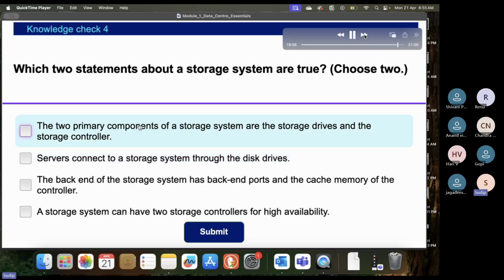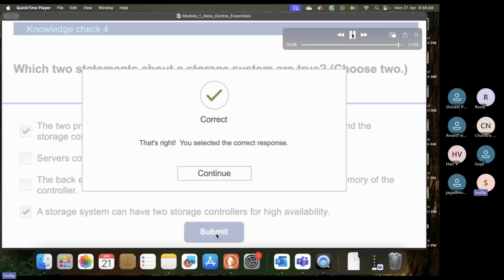So the first one is definitely correct. We all know that the two primary components of a storage system are the storage drives. And yes, Prakash is the only one I think who got it right.